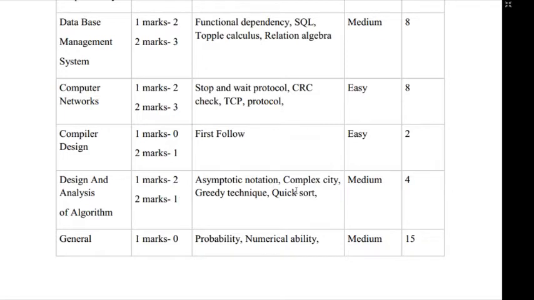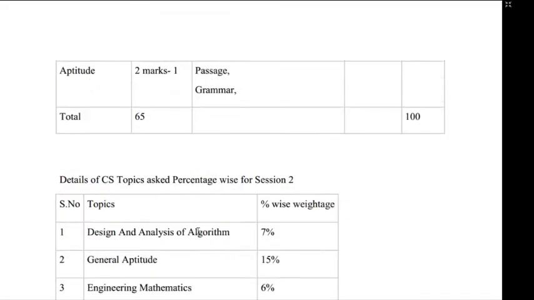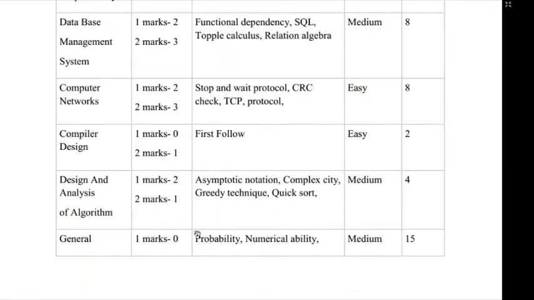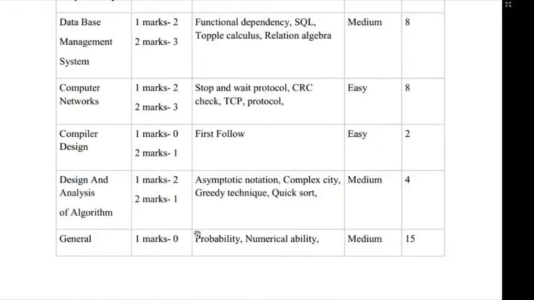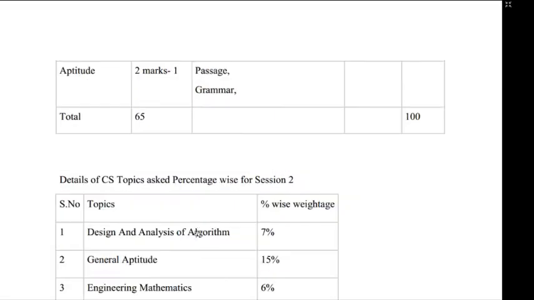Asymptotic notation, complexity, greedy technique, quicksort were the topics from where the questions were asked, which was medium, 4 marks. In general aptitude, 0 one-mark and 1 two-mark question on probability, numerical ability, passage, grammar; totally 15 marks have been asked. It's around 65 questions with 100 marks.